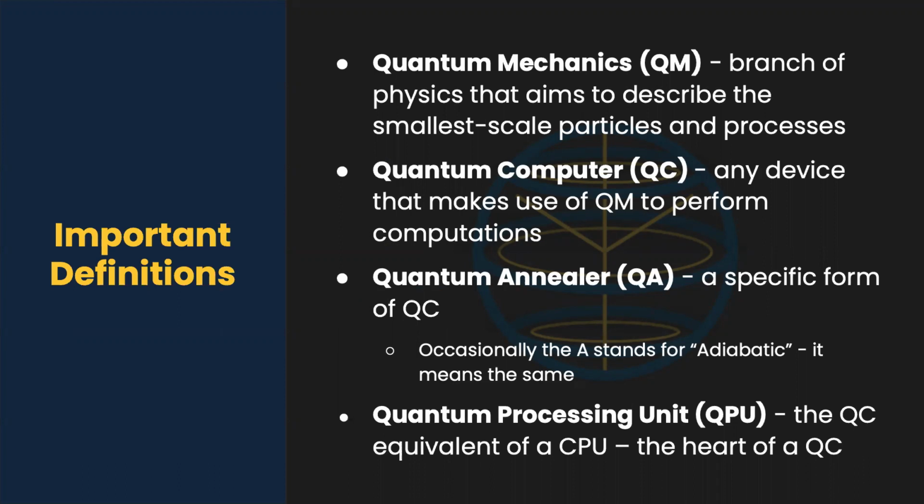Sometimes the A in QA stands for adiabatic, but in basically every circumstance I've seen, whenever it's talking about something quantum adiabatic or quantum annealer, it's basically talking about the same stuff. And then QPU for quantum processing unit, which is the quantum equivalent of a CPU. I don't use that too much in this talk, but I thought it would be fun to throw in because hardware, that's basically all we're talking about: the different types of QPUs.